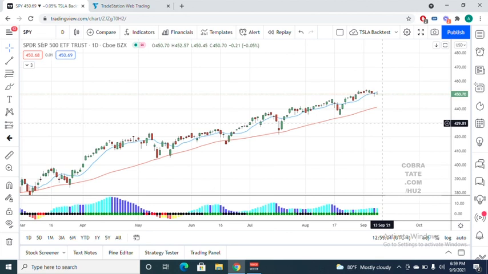So if your individual stock is trying to go in the same direction as the overall market, it will be a lot easier for it than trying to go against the market. Imagine if the S&P 500 is dropping, it would be a lot harder for your stock to go higher compared to when the S&P 500 is strong and going higher as well. So that's why it's important to understand the overall market environment when you're trading, because that is essential to your decision making process.